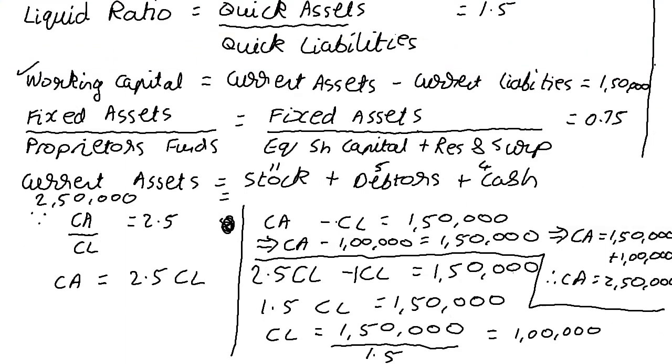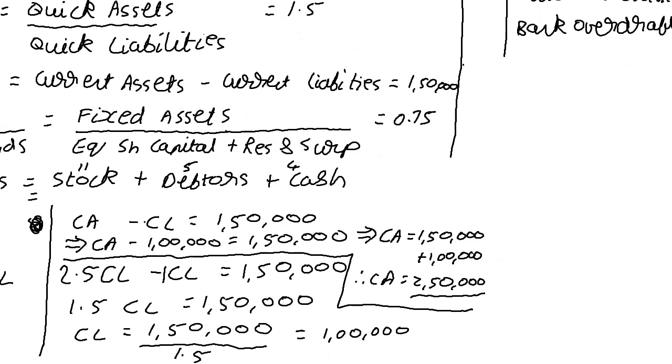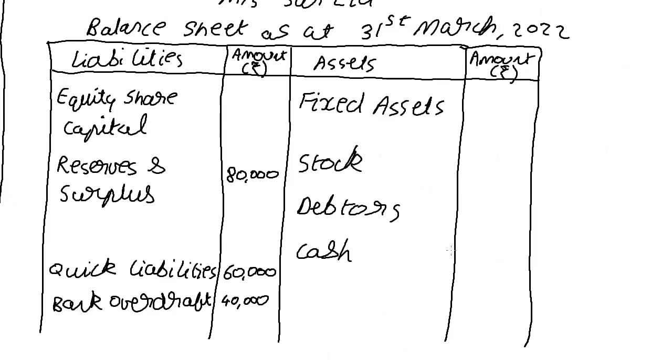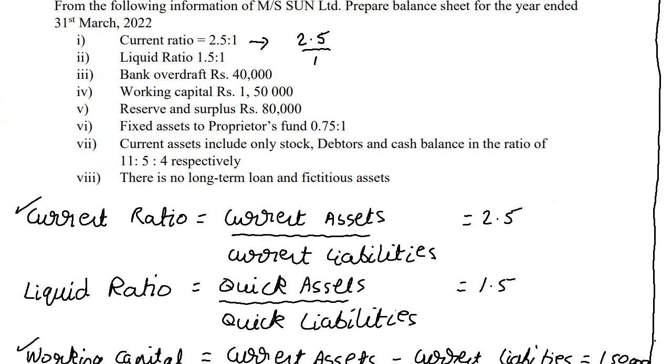We have found current assets to be 2,50,000. I'm going to go to the balance sheet now, and I know that the total is going to be 2,50,000. But I need to break up this 2,50,000 in the ratio 11:5:4.